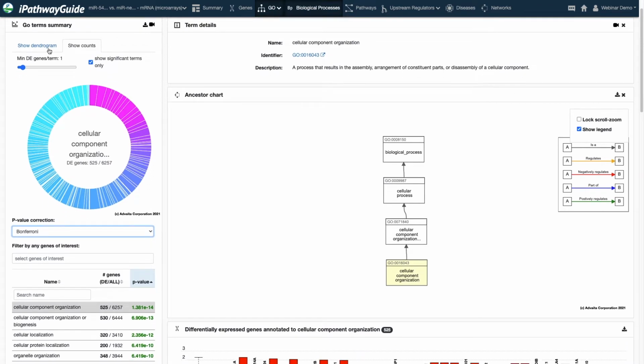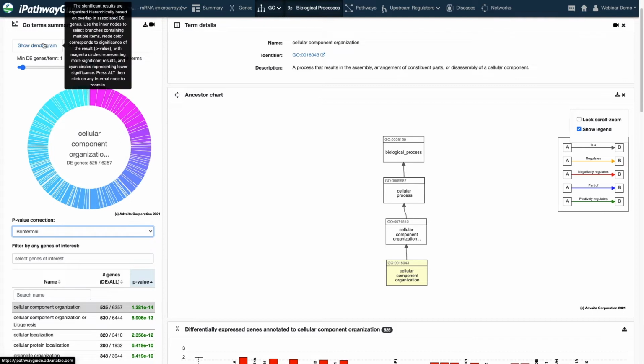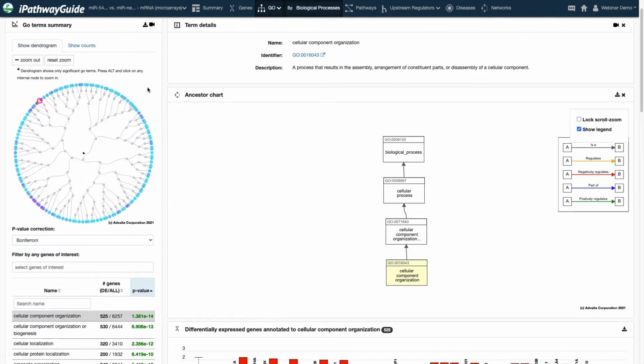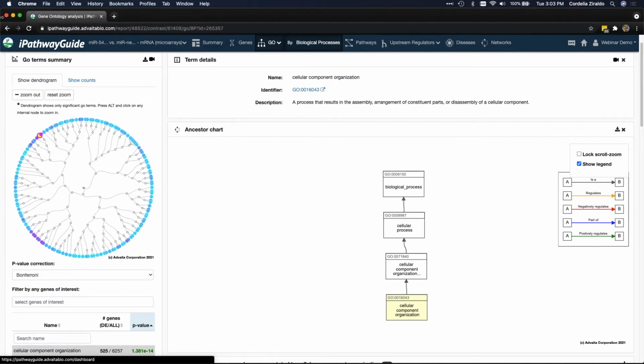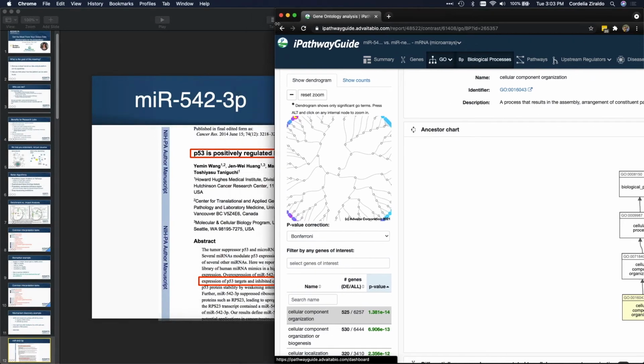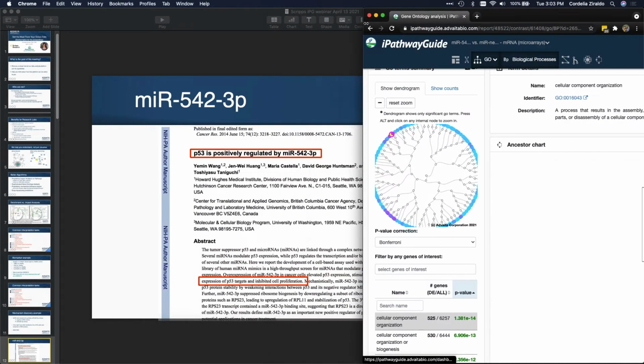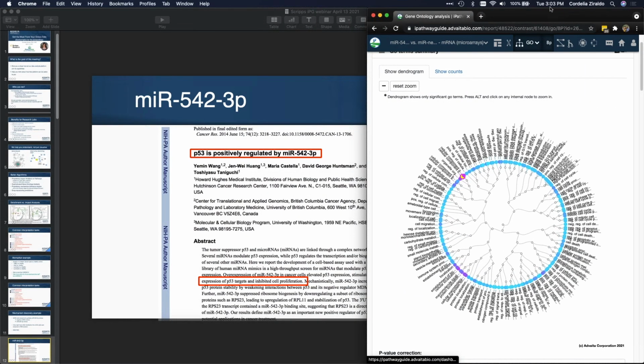But then you can also look at Dendrogram View, which is a slightly different view. So notice that this wheel goes from pink, which are the most significant, all the way around to aqua, which are the least significant but still significant terms. In the Dendrogram View, I'm going to actually make my window smaller, ironically. Okay.